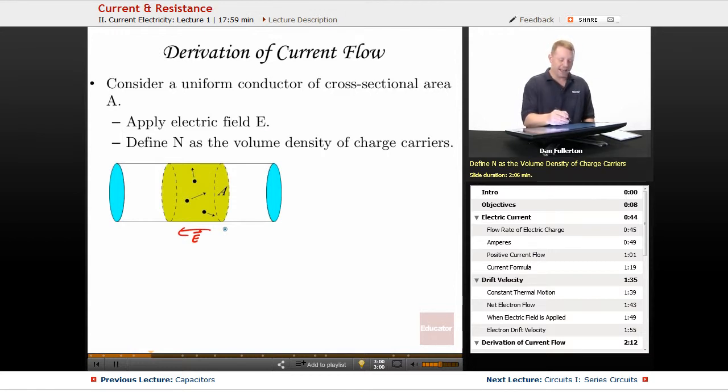Well, if we define N as that volume density of charge carriers, that means the electrons contained in some volume. Let's highlight it here in yellow, but let's say that that is their drift velocity, Vd, times some time interval, delta t, times that cross-sectional area A. The electrons in that volume are going to pass surface A in time t.